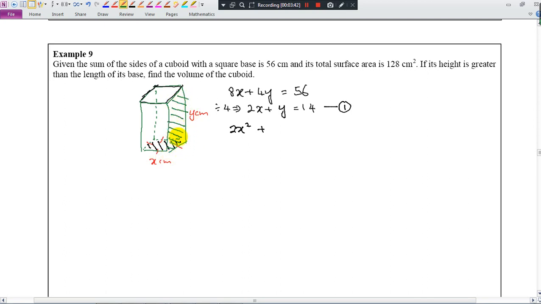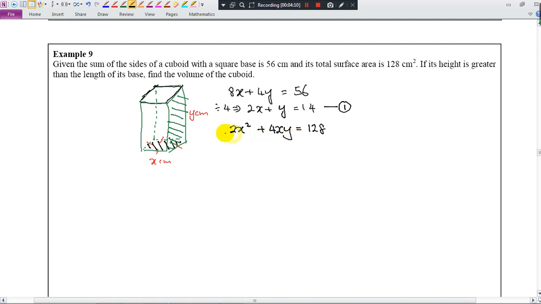So it's xy. We have 4 faces here, 1, 2, 3, 4, 4 congruent faces. So one face has area xy, and 4 faces will be 4xy. This gives us the total surface area for this cuboid, which is equal to 128.